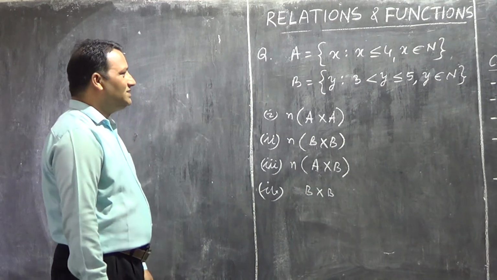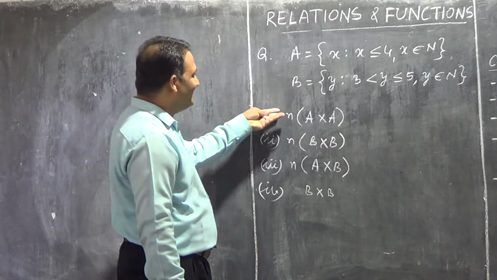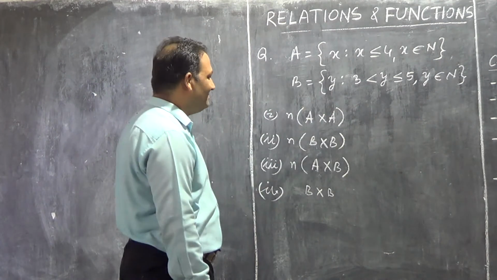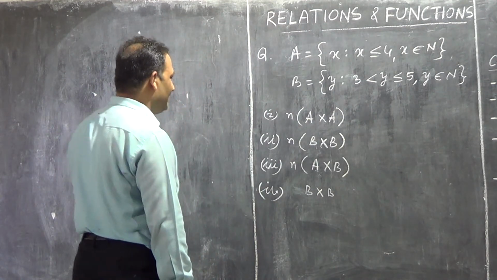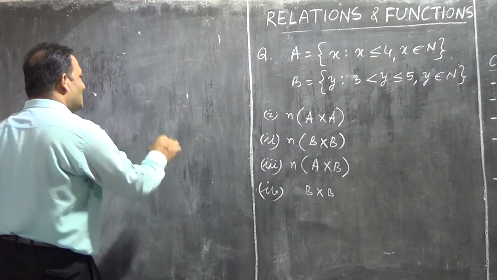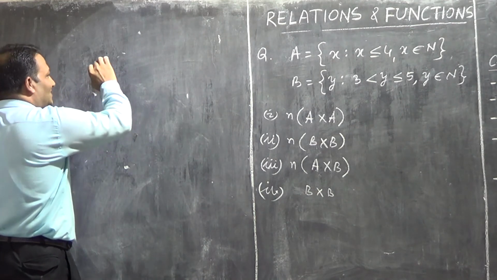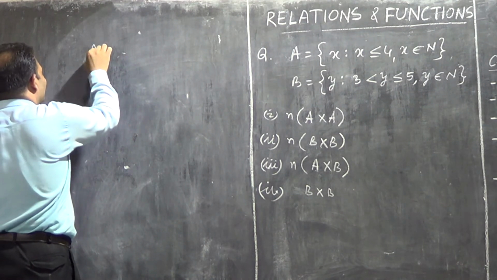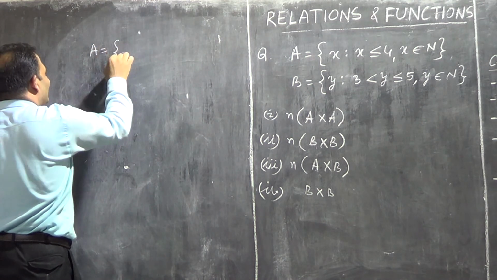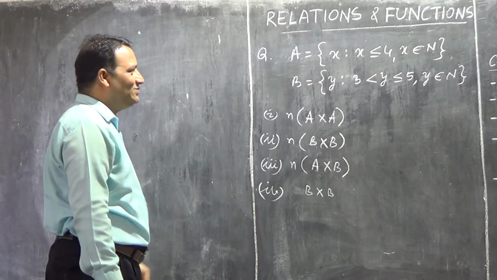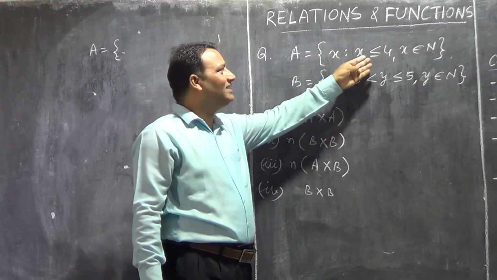So here you see children, you can find the answer in the mind also. There is nothing much to solve, but before that you find the elements of A and B. In the roster form we should find, because we must know how many elements are there.